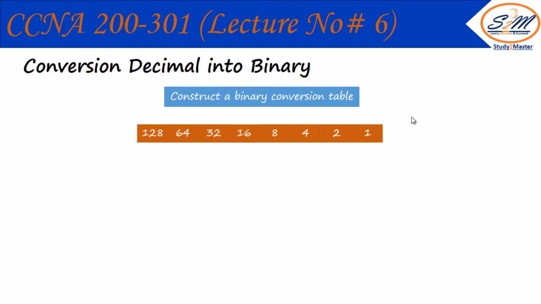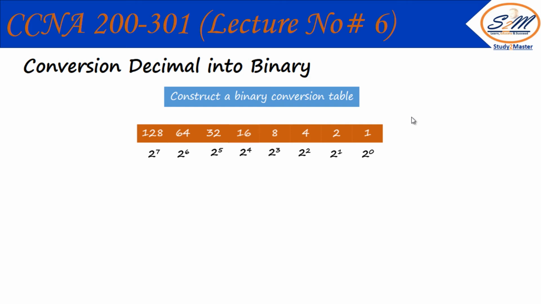The binary conversion table is 1, 2, 4, 8, 16, 32, 64 and 128. So how do we write this? It is a power of 2. Why power of 2?